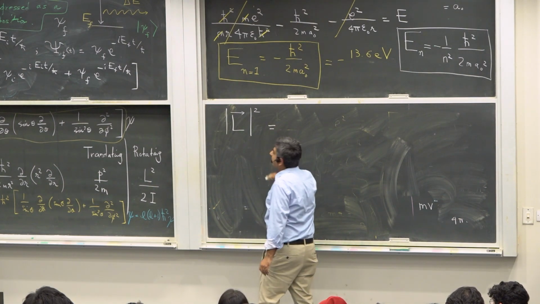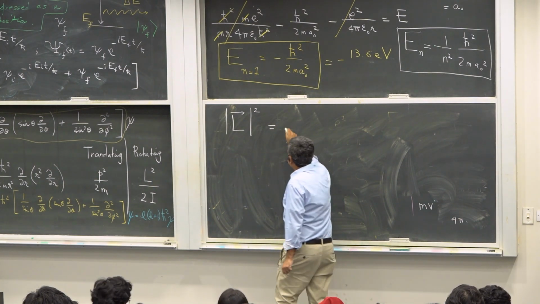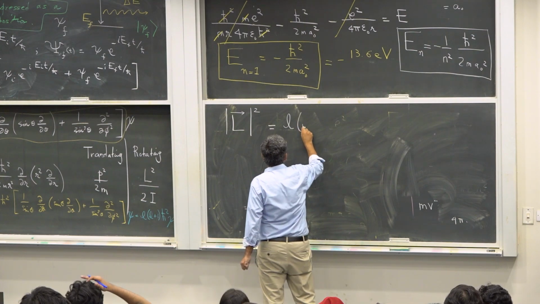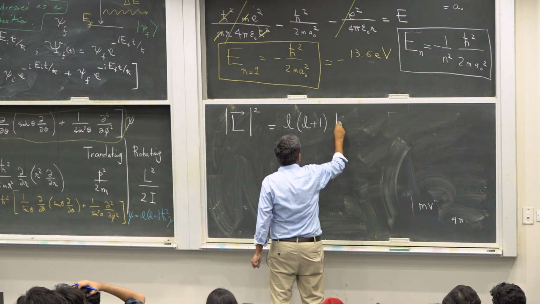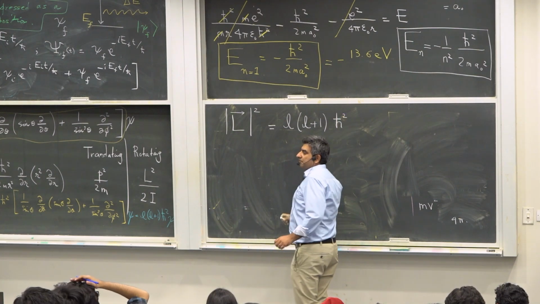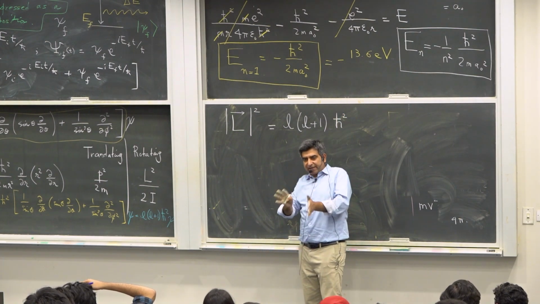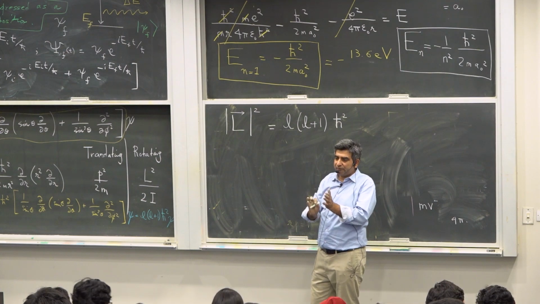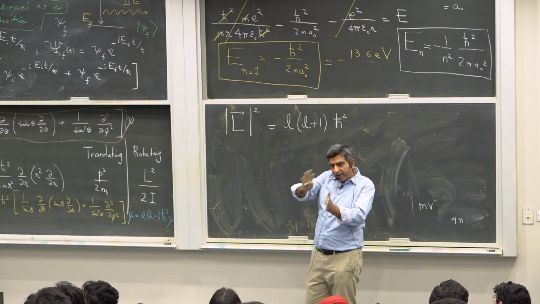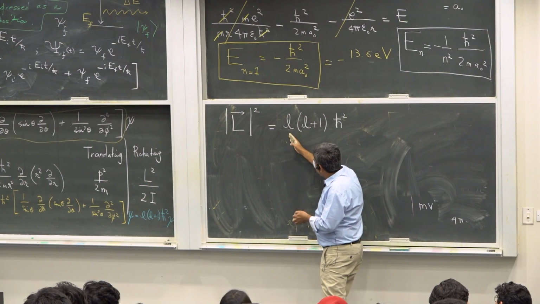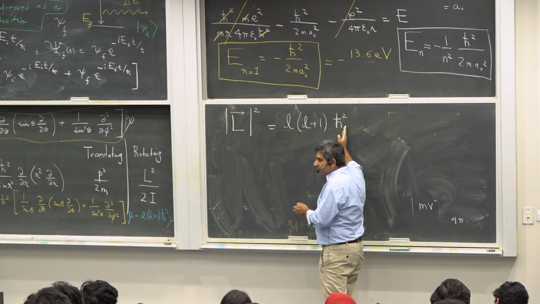This is also quantized, and it's quantized according to the quantum number L into L plus 1 with an h bar square factor. So whatever the wave function of the electron is, I see the L value of that wave function, and the electron will have an angular momentum that corresponds to L into L plus 1 h bar square.